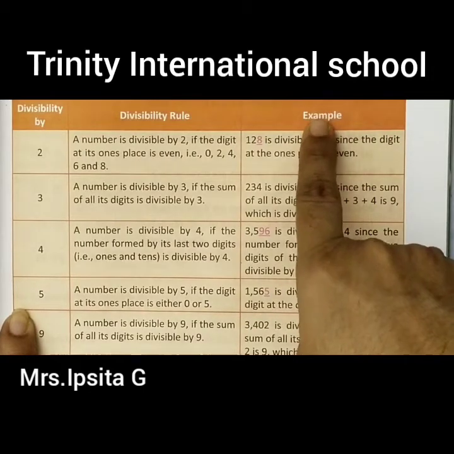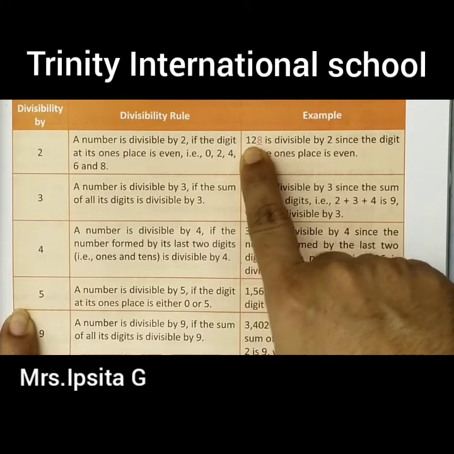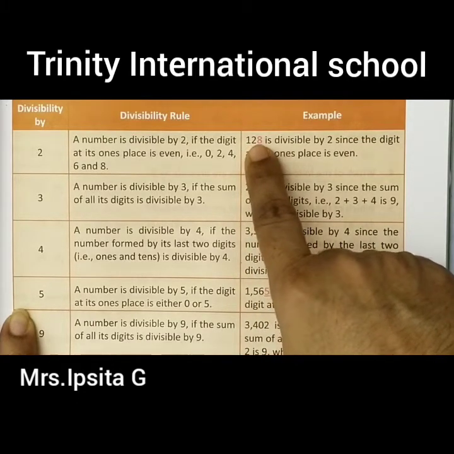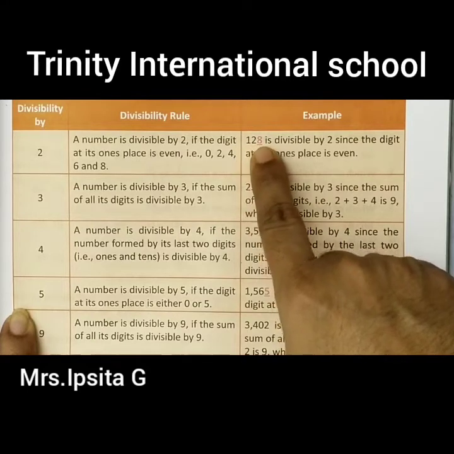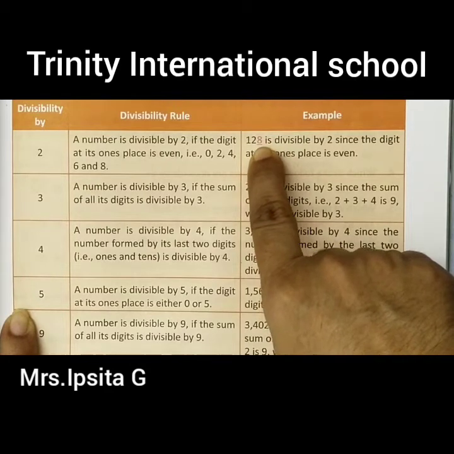Now you have been given an example. यहाँ पर देखिए, आपको एक एग्जाम्पल दिया गया है. नंबर है 128. आपको जो वंस के प्लेस का डिजिट है उसको ऑब्जर्व करना है. तो यहाँ पे वंस के पोजीशन में जो डिजिट है वो क्या है, 8.